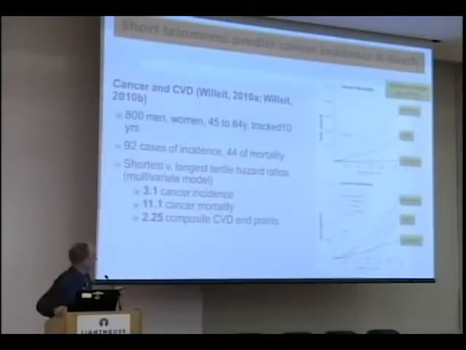If you look at cancer mortality or cancer incidence, there's significantly elevated risk for people in the mid or the shortest tertiles. That's 67% of the population. And that might reflect this threshold length, where you don't see a lot of effect until telomeres get relatively short.